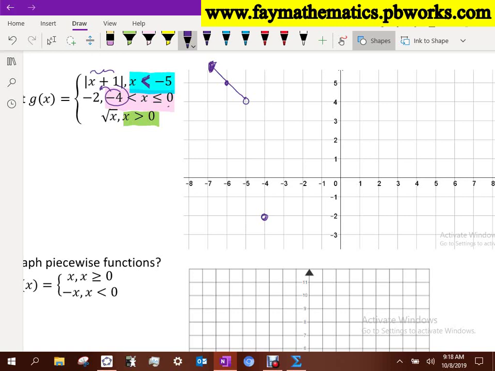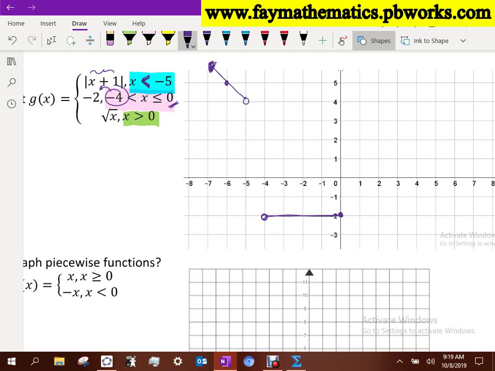Now I'm going to try the other endpoint of 0. If I plug 0 into this function, what do I get back? Negative 2. And it should be a closed dot in this case. And then because it's linear, I know that I can connect those 2 endpoints. I should be okay. All right.